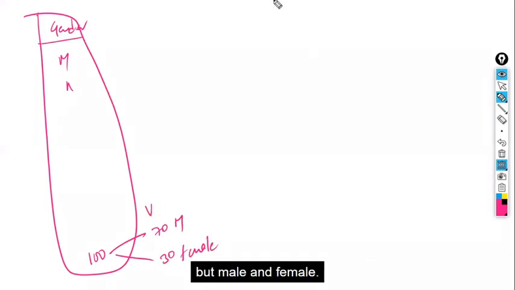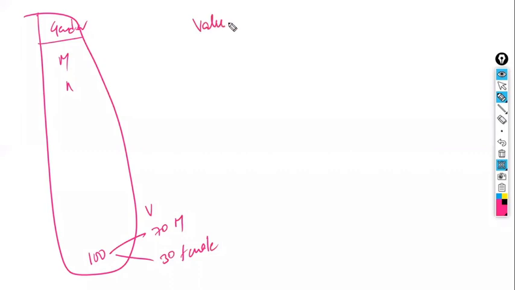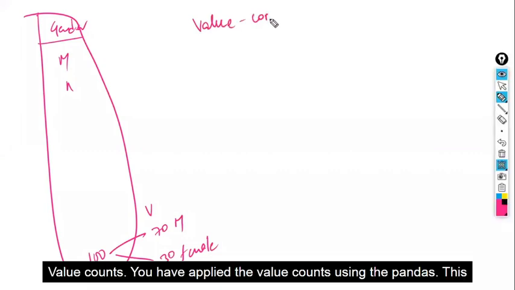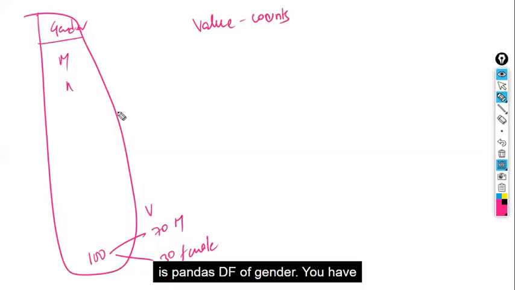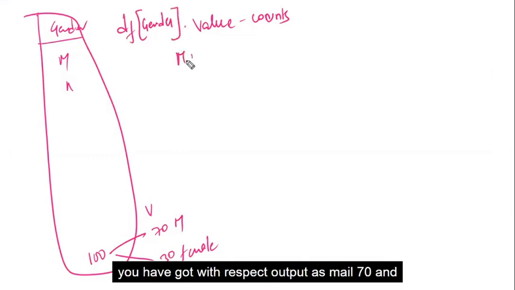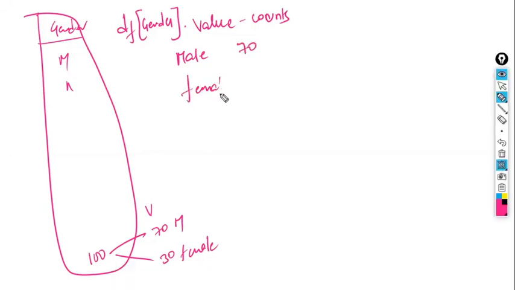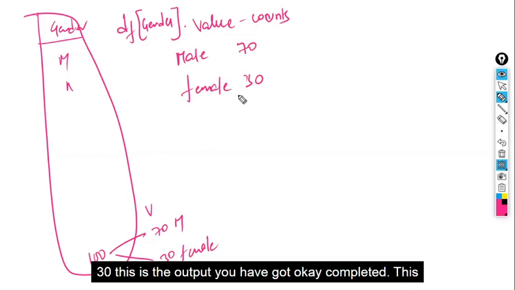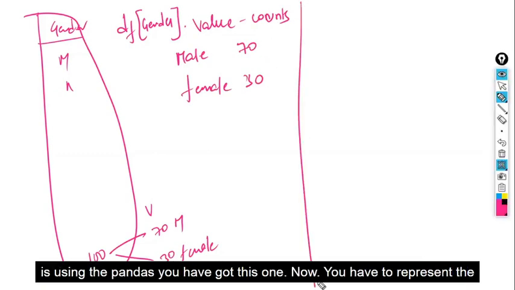Value is nothing but male and female. You have applied value counts using pandas: df of gender dot value counts, and you have got the output as male 70 and female 30.